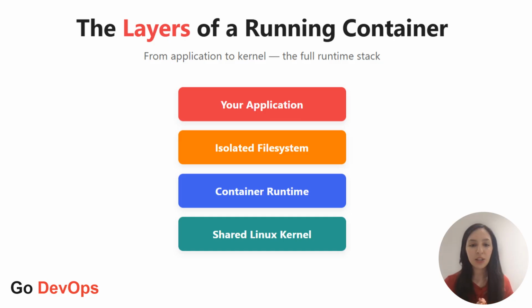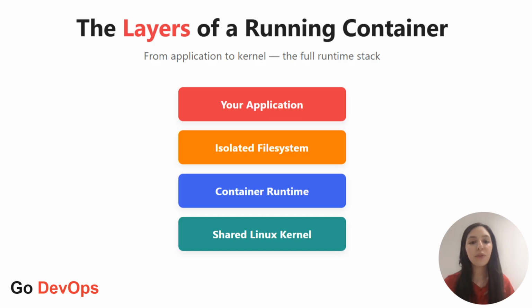This isolation is created using Linux namespaces and layered file systems. Below that, there is the container runtime. It's responsible for setting up the environment, applying isolation, and managing the container lifecycle. So it works with low-level tools like runc to actually launch the container process.